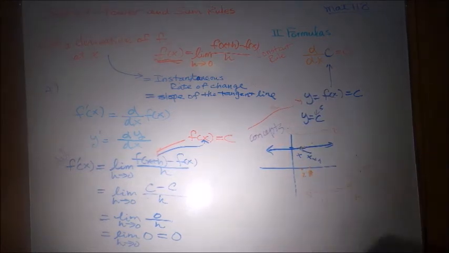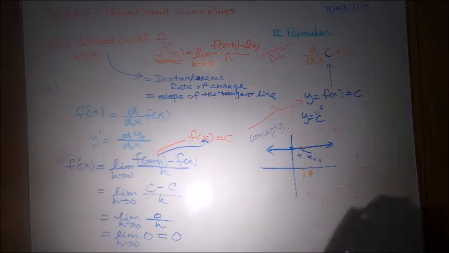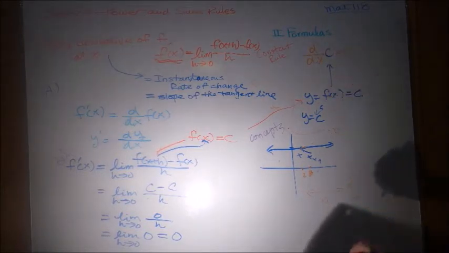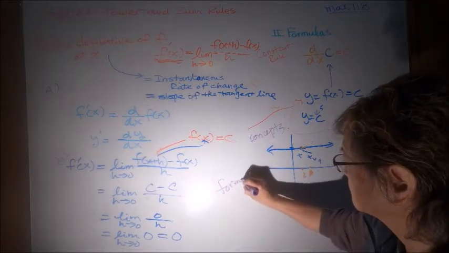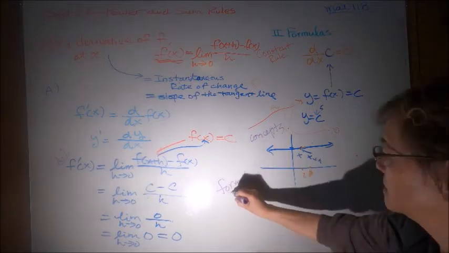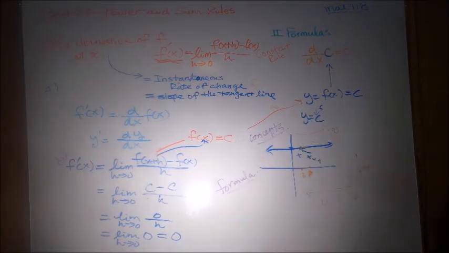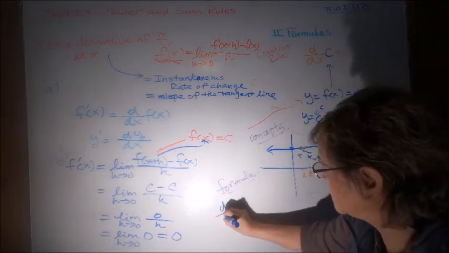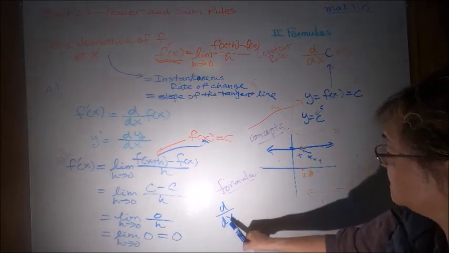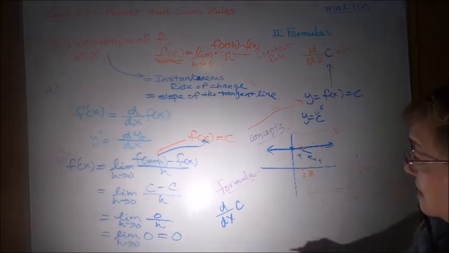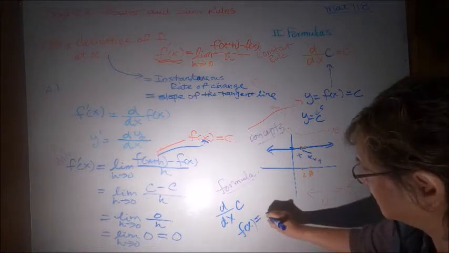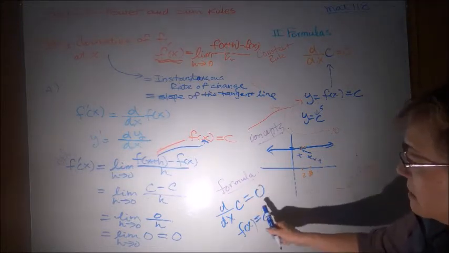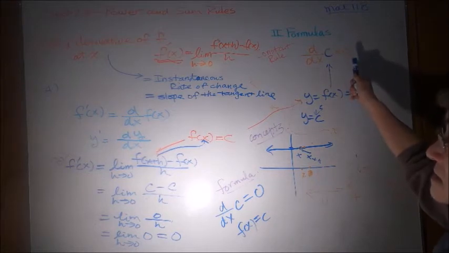Then, how about we use the formula? The formula says, d/dx of c, where c is your f of x, f of x equals c, the result is 0.